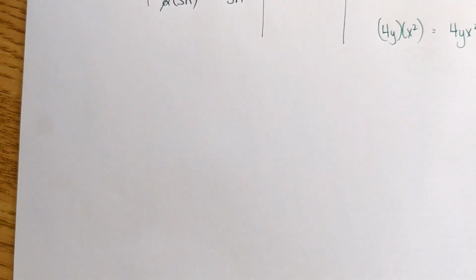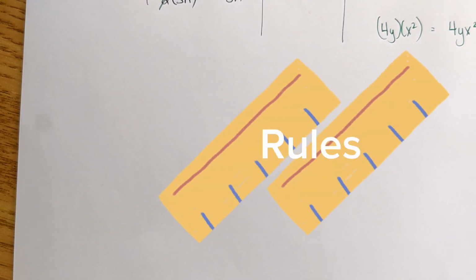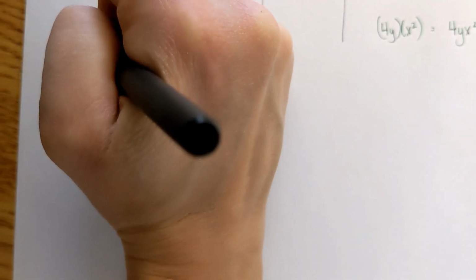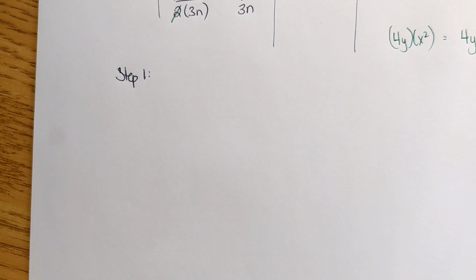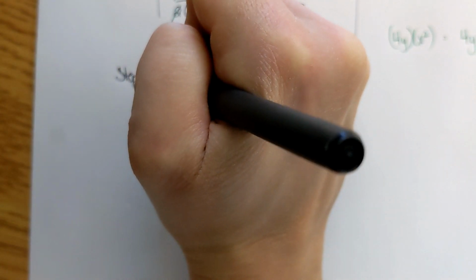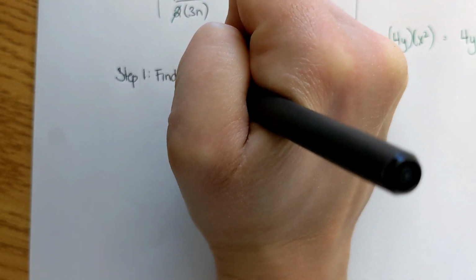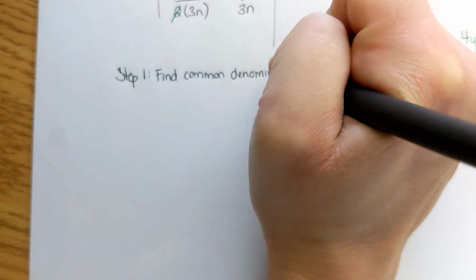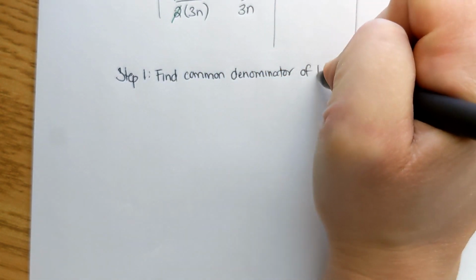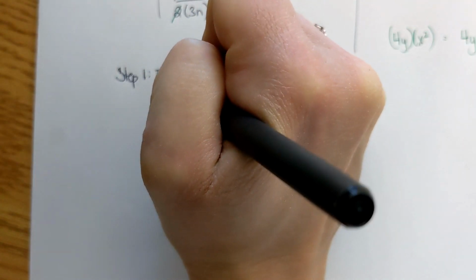Okay, so for a couple rules, just as steps. Step number 1, you're going to find the common denominator of the coefficient.